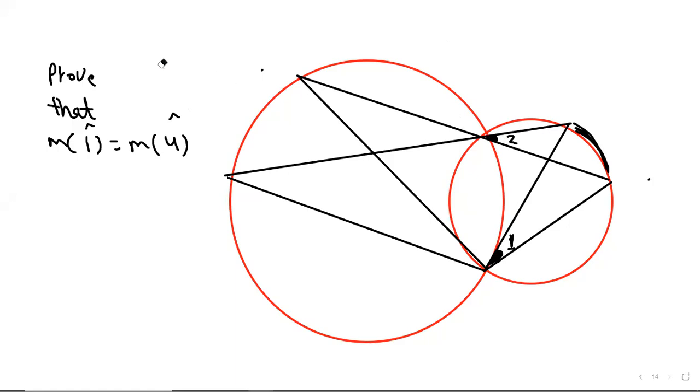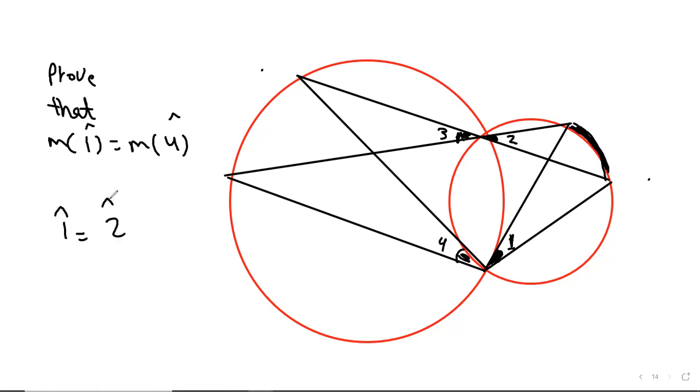And this angle here is 3, and this angle here is 4. I want to prove that 1 equals 4 again. So I proved that 1 equals 2. They are two inscribed angles drawn on the same arc. So the size of angle 1 equals the size of angle 2.